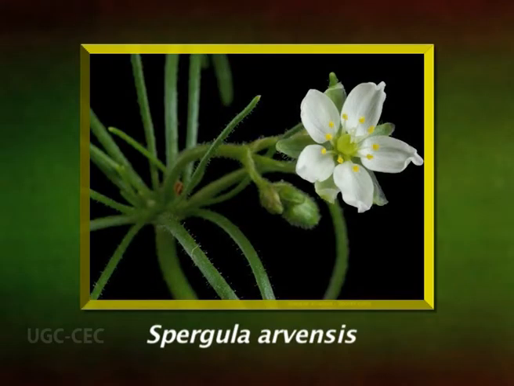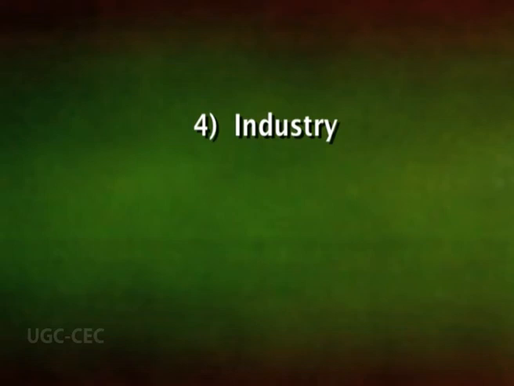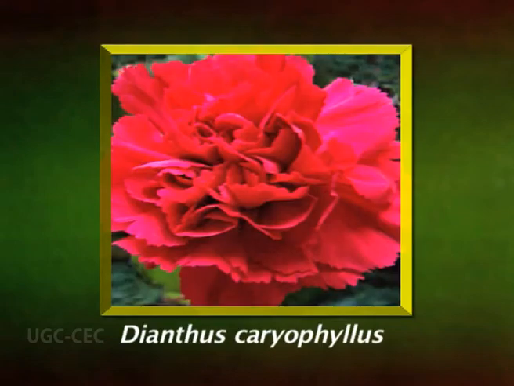Many species of this Caryophyllaceae family provide us with the fodder. Spergula arvensis and many other species of this family are used as fodder for cattle. Some species also find their use in the industry as well. The flowers of Dianthus caryophyllus are used to obtain perfume.